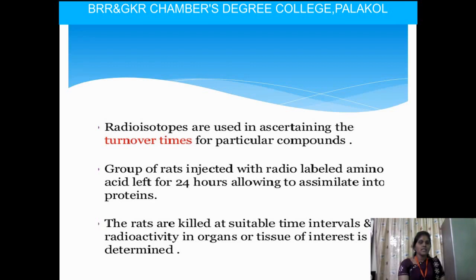Okay, these rats are killed at suitable time intervals, and radioactivity in the organs or the tissues of interest can be determined. So what we do here is insert some radiolabeled amino acids into the rats and allow them to assimilate.